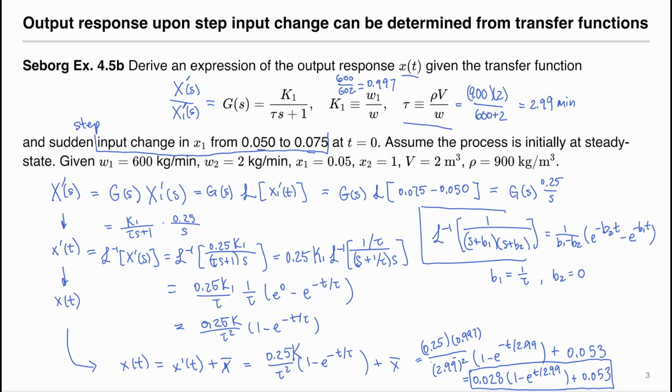So in this example, the way to solve it is to transform it from the Laplace space into the time domain, and then finally from deviation variable to the original variable. We solve it analytically first, then we substitute numerical values.